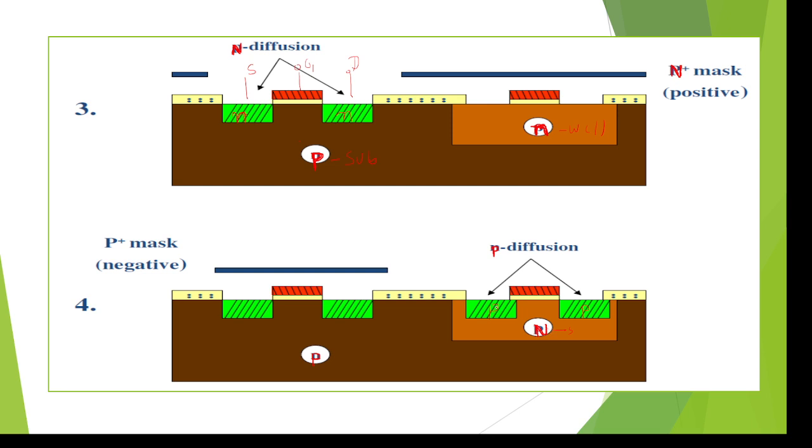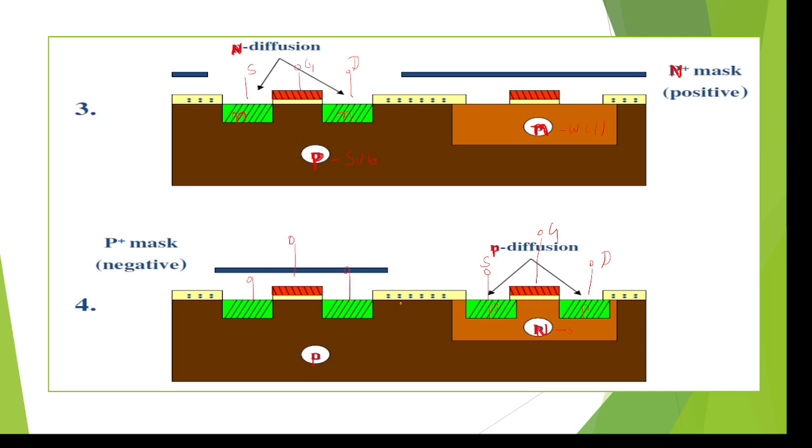Here, by heating this material using a mask, we diffuse holes into the N substrate. Now it acts as a source, a gate, and a drain terminal. So the left side transistor was already designed, and the right side transistor is designed.